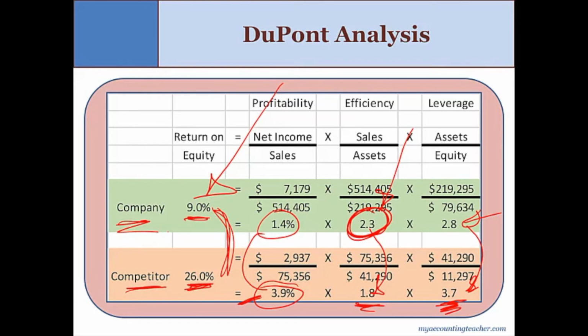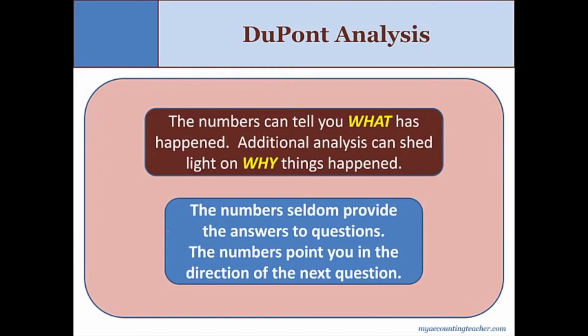It's not always profitability. It's not always efficiency. It's not always leverage. Sometimes it's a combination of those factors. And as a result, it turns out the DuPont analysis tells us what has happened. It just reports the facts. If we want to know why these things happen, we've got to do some additional analysis.